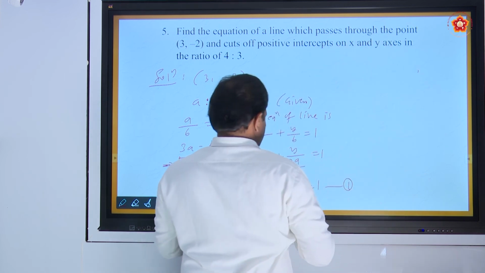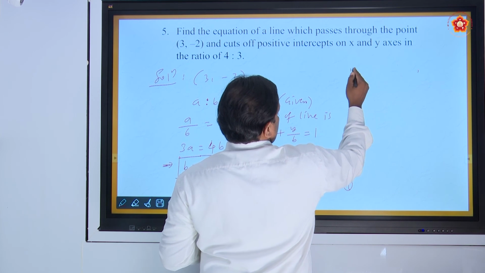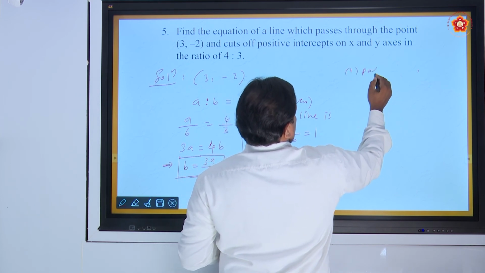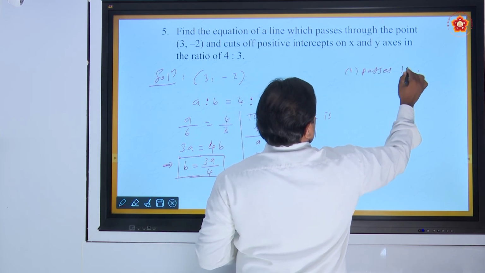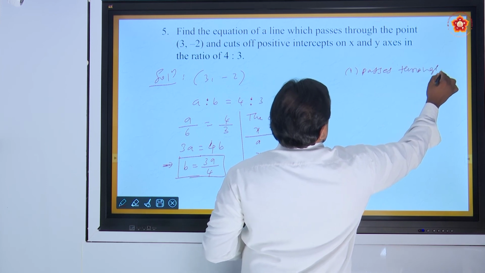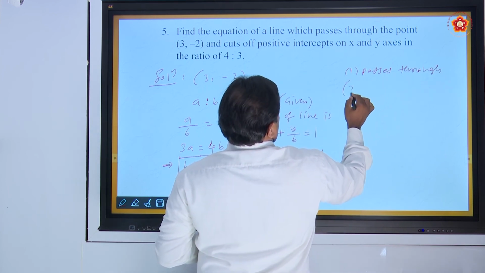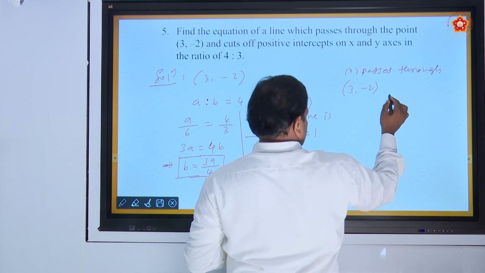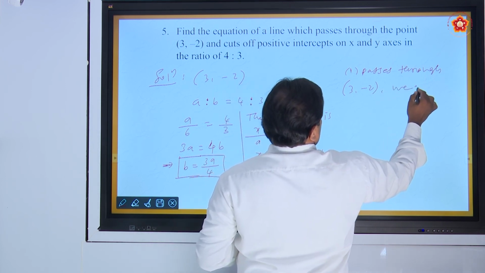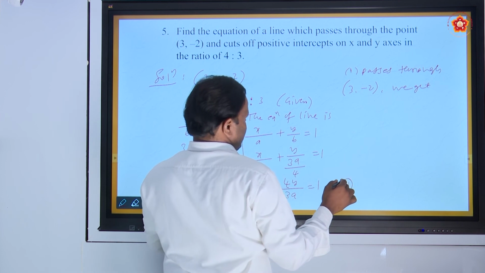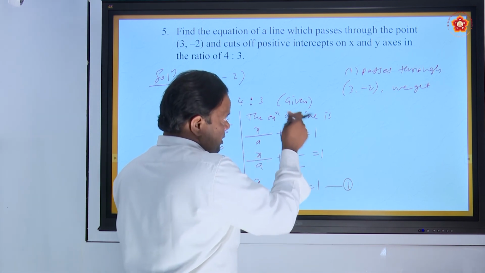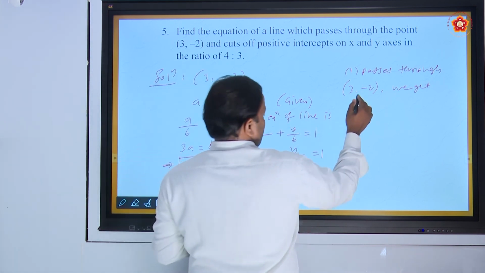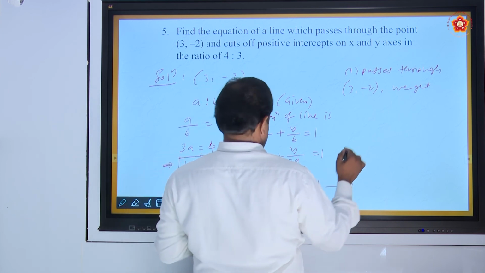See, equation 1 passes through which point? It passes through 3, minus 2. So put x equal to 3 and y equal to minus 2 in equation number 1.